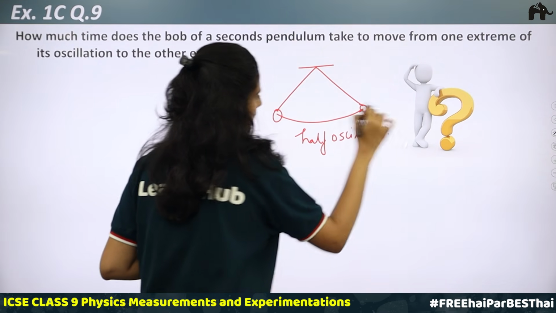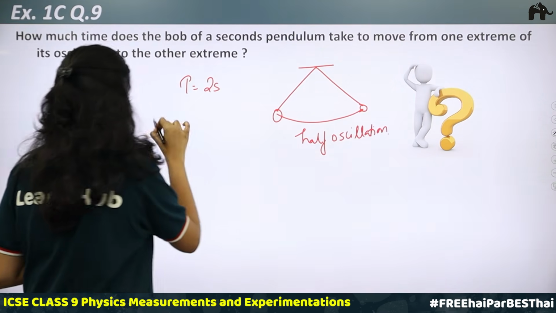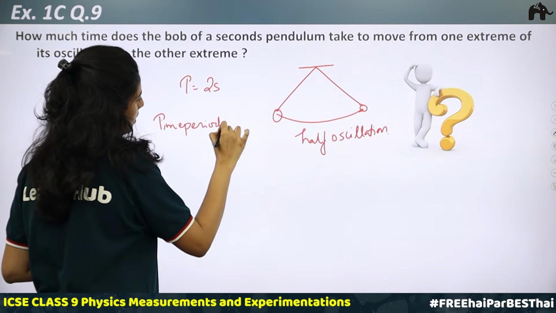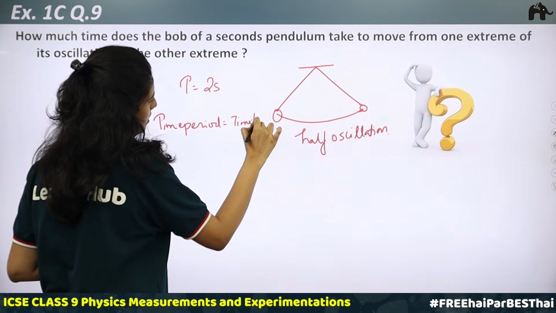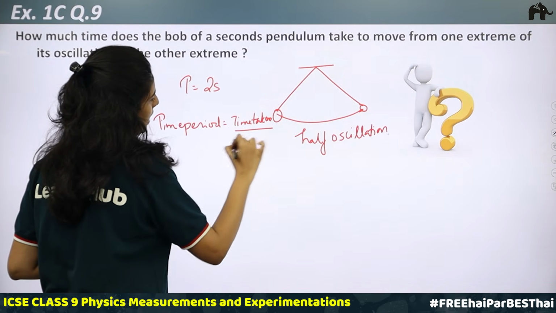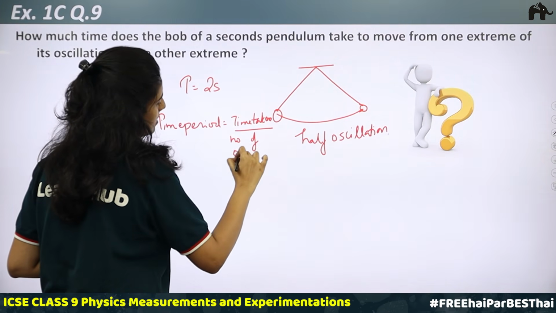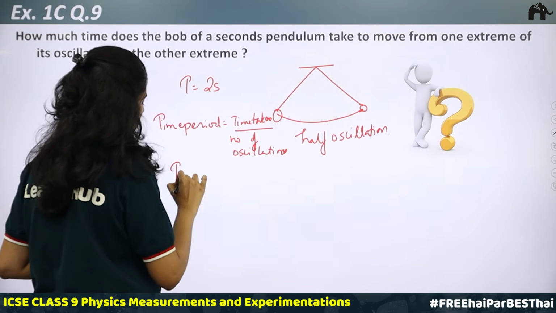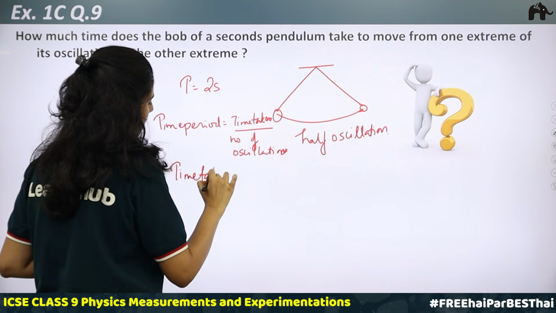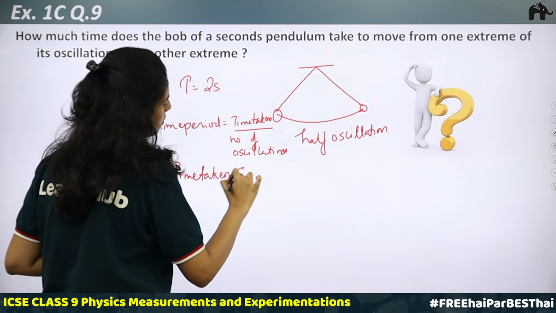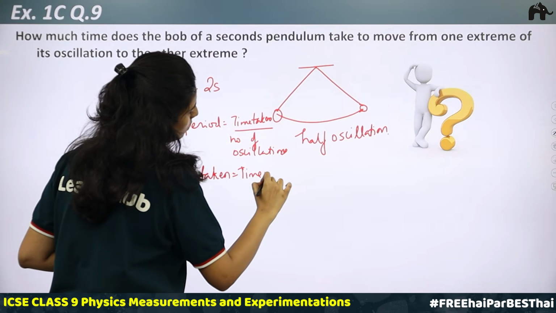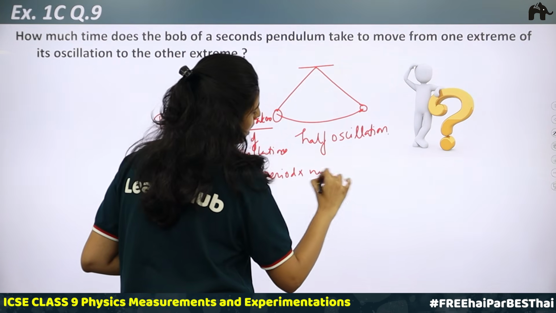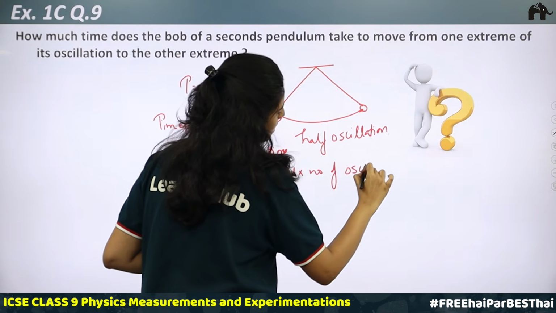We know that time period is equal to time taken divided by number of oscillations. Here we have to find the time taken. Time taken will be equal to time period into number of oscillations.